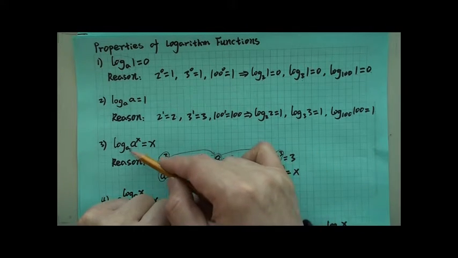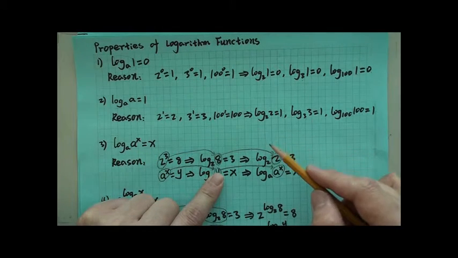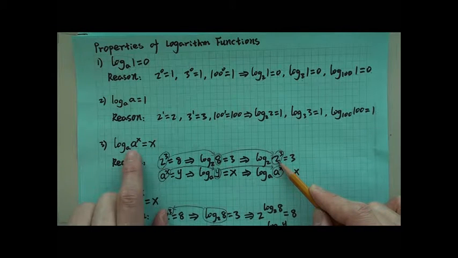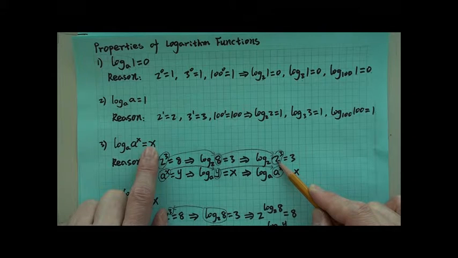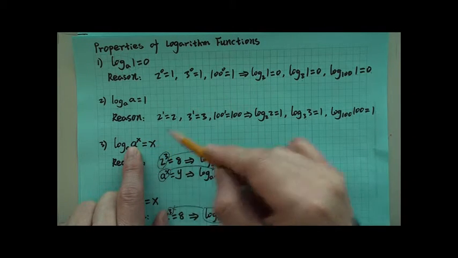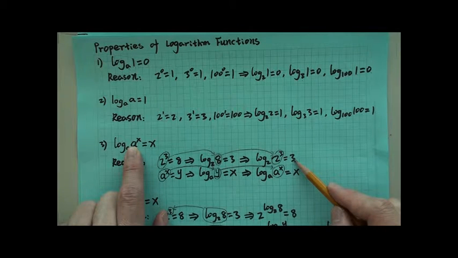Here is 2, here is 2, here was a to the x, so the x are the same, here the 3 are the same.